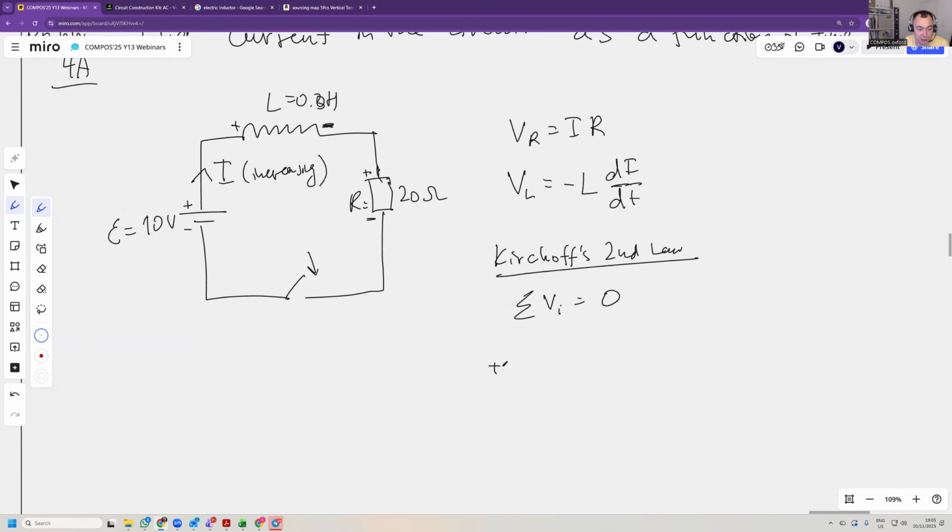The inductor takes away, minus voltage on the inductor, and minus voltage on the resistor. We already said that the inductor is minus, but what does the minus mean? We haven't defined a positive direction.